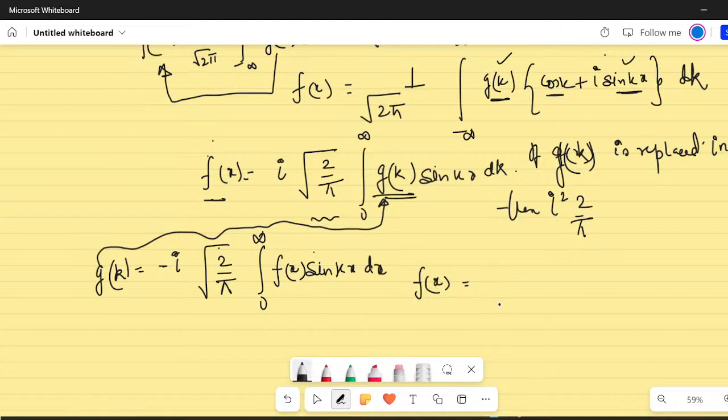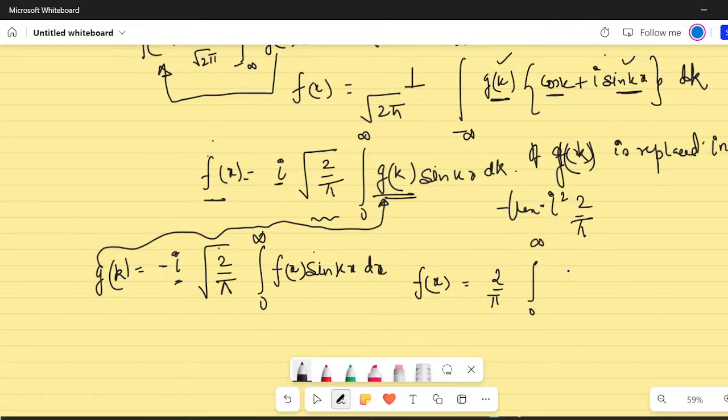It will become 2 upon pi. There is one minus here as well, and one iota here, so iota into iota will become minus 1, and this minus 1, so you'll get 2 upon pi. f of x will become this way, and then you have this integration from 0 to infinity.